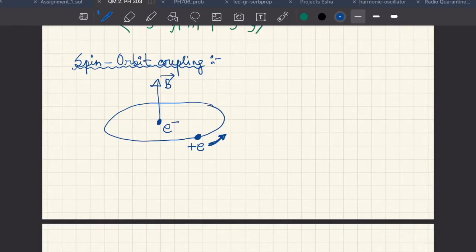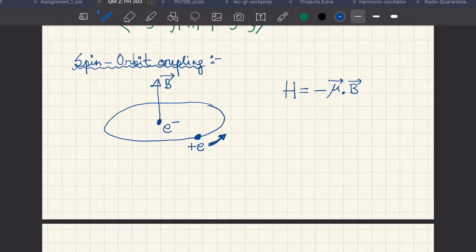You know already what the Hamiltonian will be: H is equal to minus mu, where mu is the magnetic moment of the electron, dotted with B.